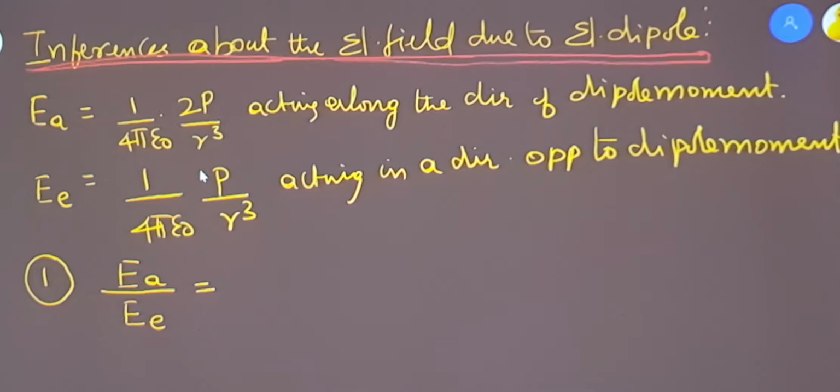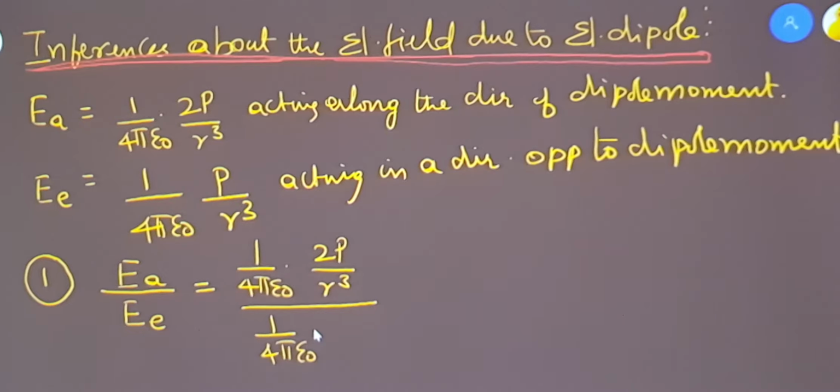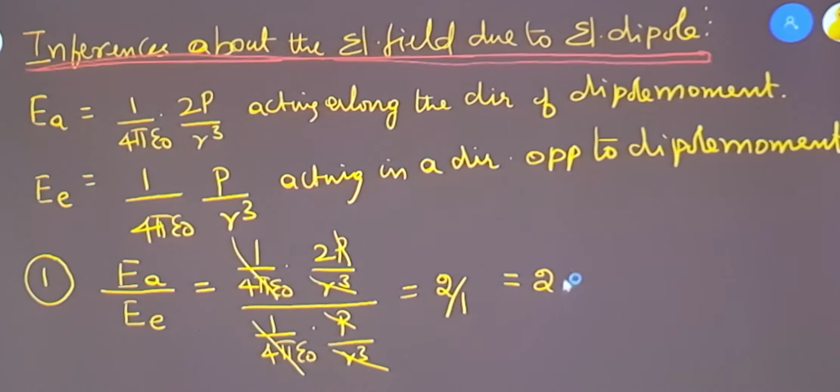Shall I write again? 1 divided by 4 pi epsilon 0, 2p divided by r cube, whole divided by 1 divided by 4 pi epsilon 0, p divided by r cube. Cancelling 1 by 4 pi epsilon 0, r cube and p, you will get 2 by 1, or we can say that the ratio is 2:1.